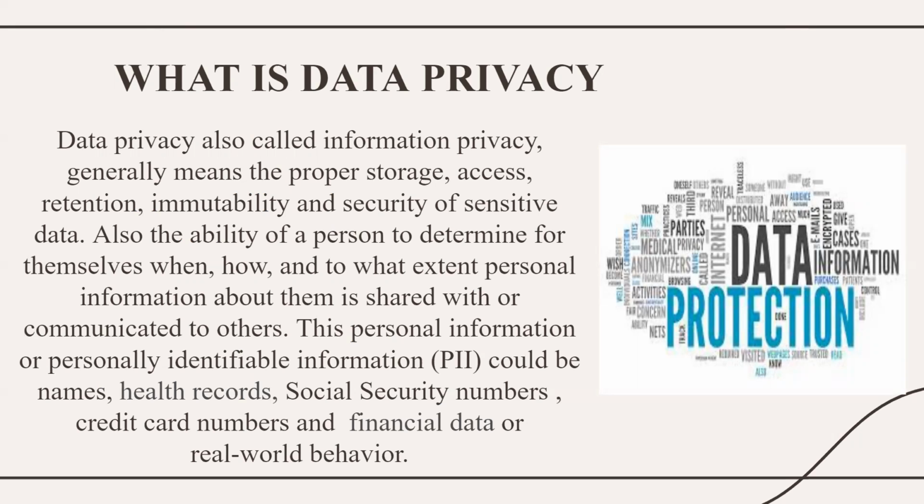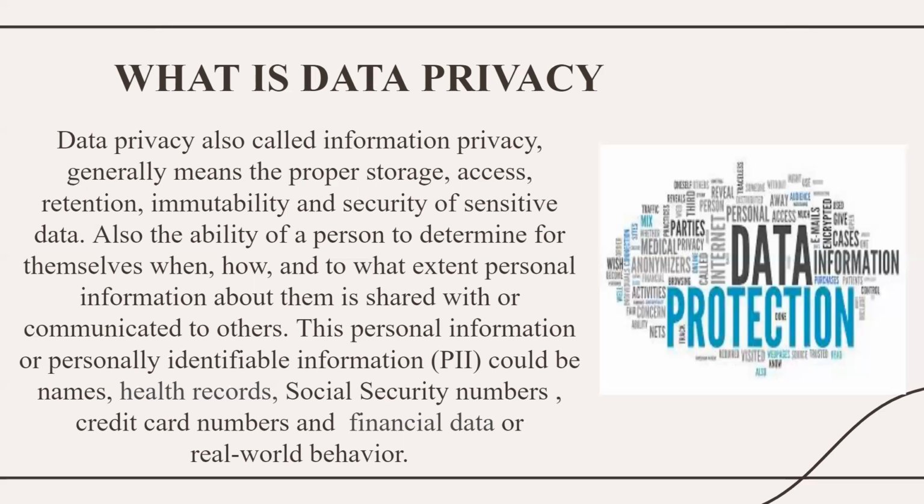So data privacy, which is also called information privacy, generally means the proper storage, access, retention, immutability, and security of sensitive data. Also, the ability of a person to determine for themselves when, how, and to what extent personal information about them is shared, or communicated to others.